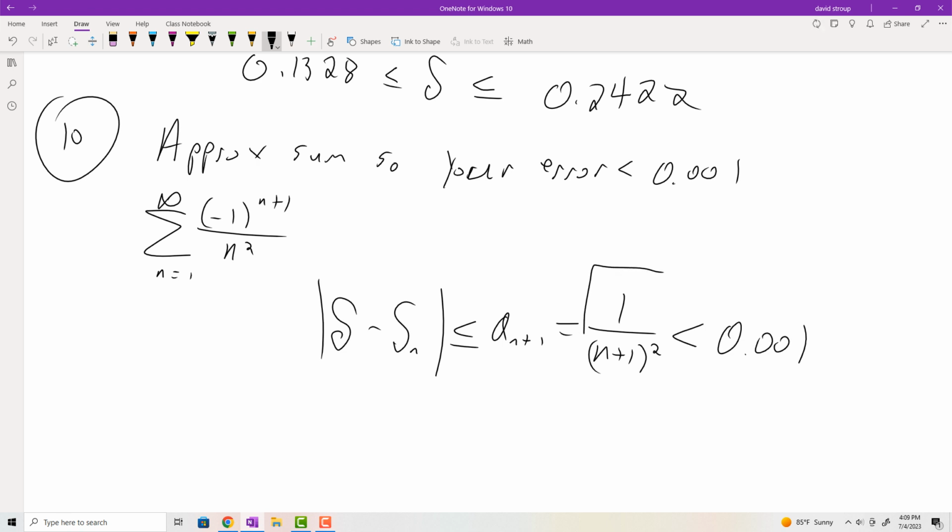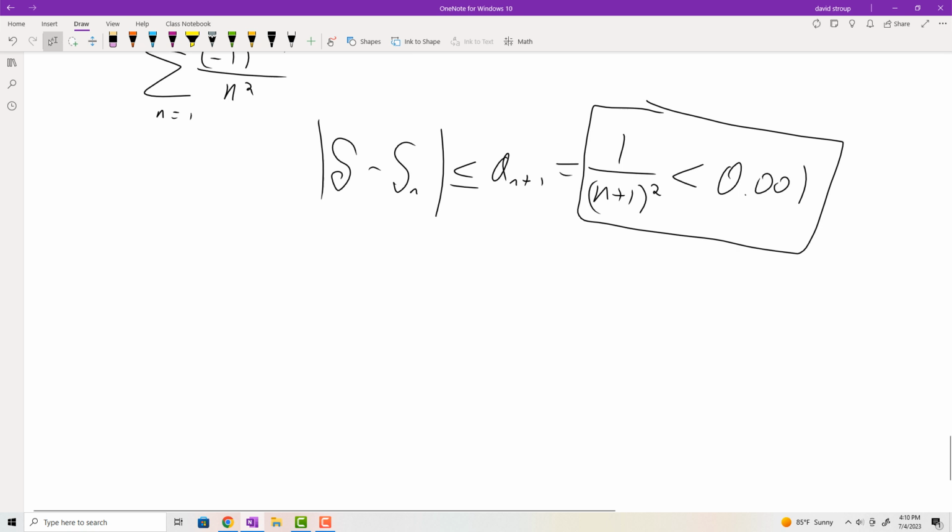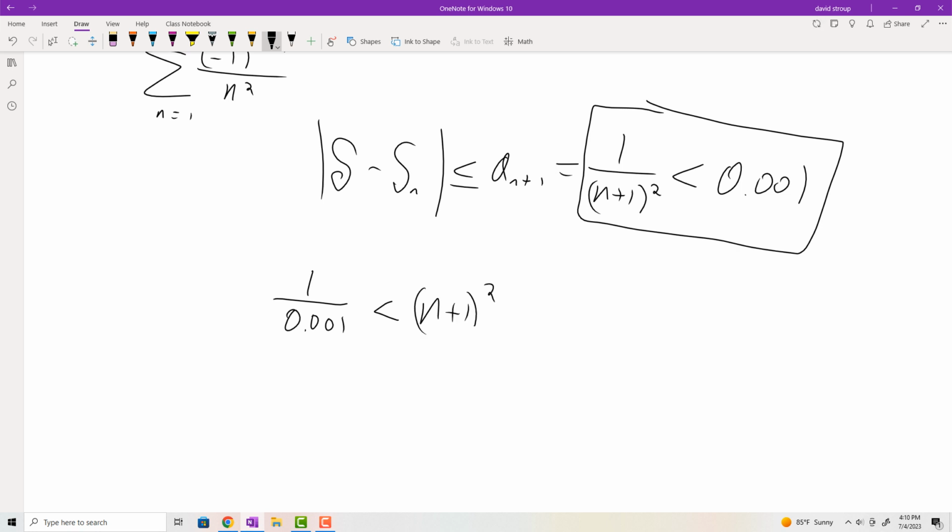Okay, so what you do is work with this inequality. You could do trial and error if you want to. Sometimes you could solve the inequality directly. I think you could solve this one. So you get 1 all over, divide both sides by 0.001, and multiply both sides by (n plus 1) squared. Take the square root on both sides. 1 over 0.001 is the same as 1,000.